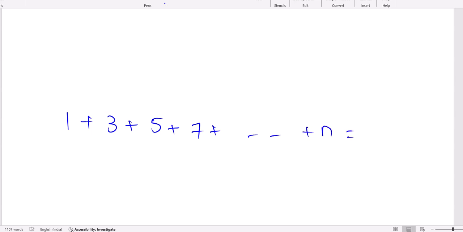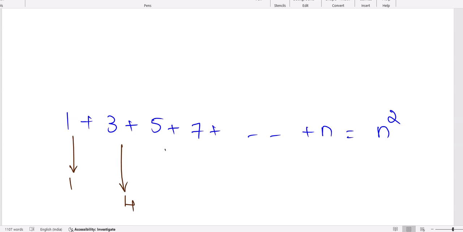This is nothing but n square. The sum of odd numbers is n square. How? If you stop at the first number, the summation is 1, which is 1 square. If you stop at two numbers, 1 plus 3 is 4, which is 2 square.